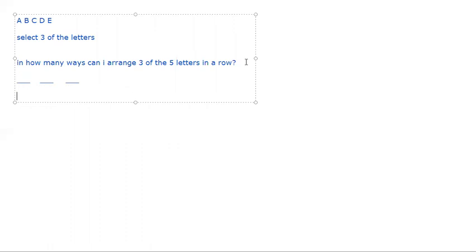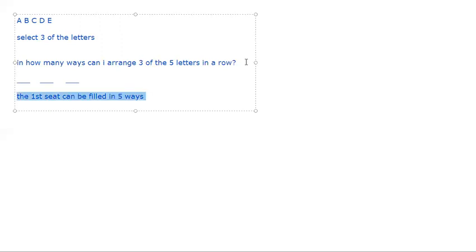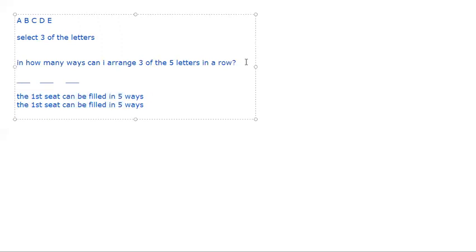So I can say that the first seat can be filled in 5 ways because there are 5 people, 5 letters. I can choose any of the 5 letters for the first place. Now once that one letter has gone, the second seat can be filled in one less way.